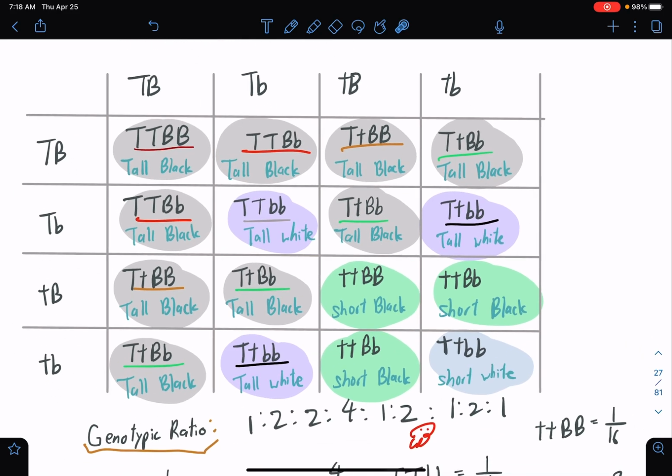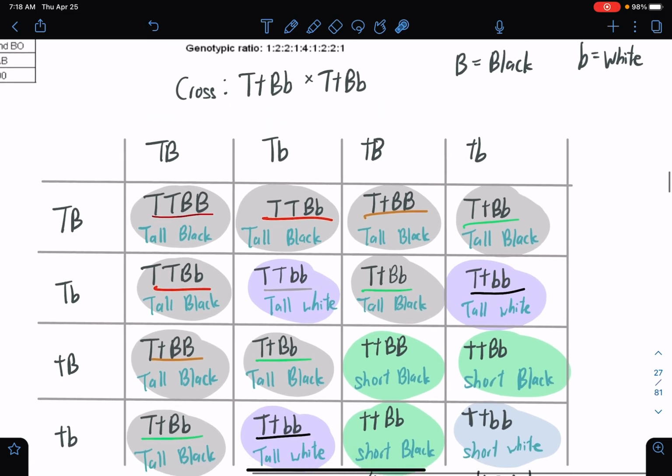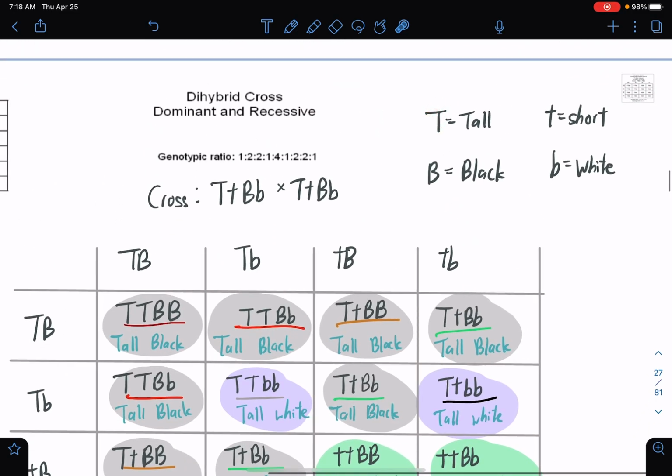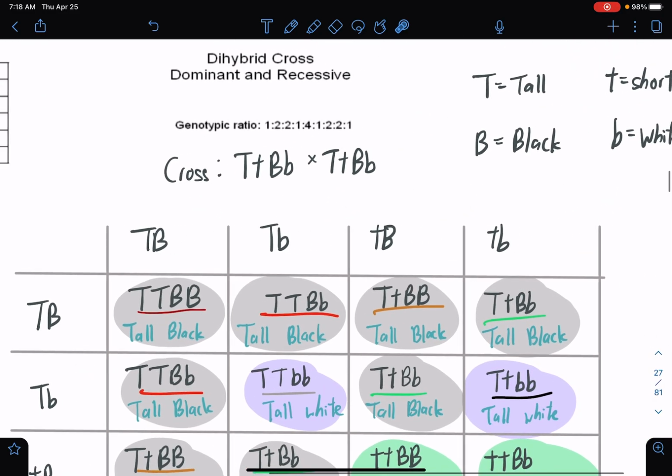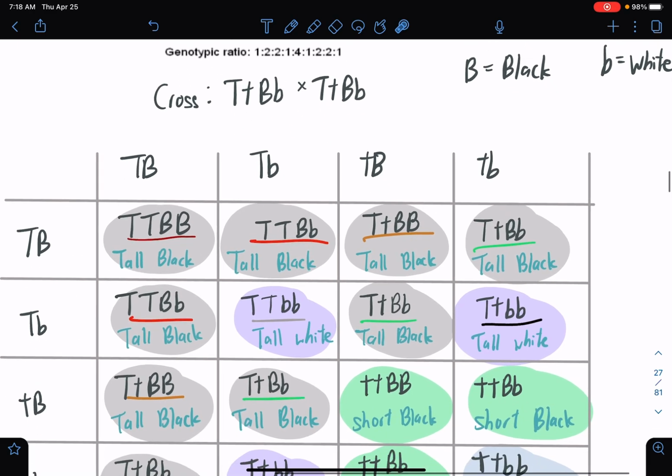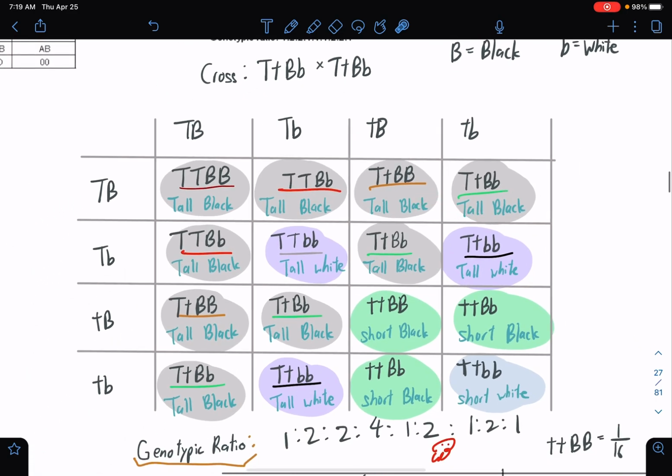And then from there, again, if there's a capital letter, that's the trait that you write. And if there is no capital letter, then you write the trait for the small letter. So here, capital T is tall, capital B is black. Just keep going.